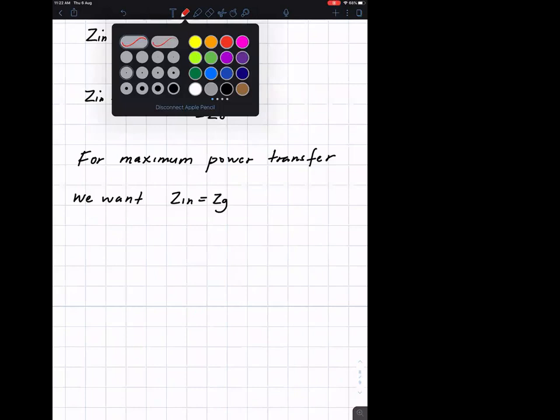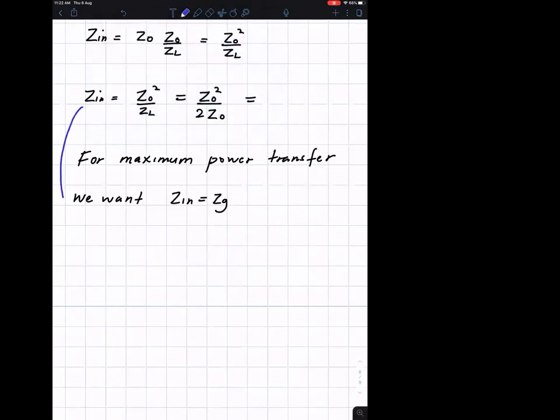Therefore, from here, Z in is equal to Z naught squared over 2Z naught, which is equal to ZG.